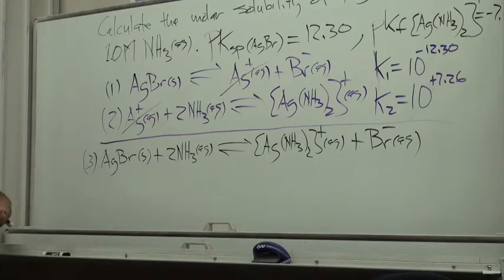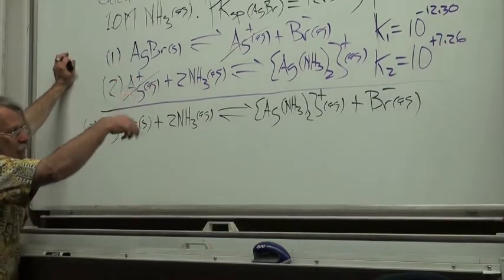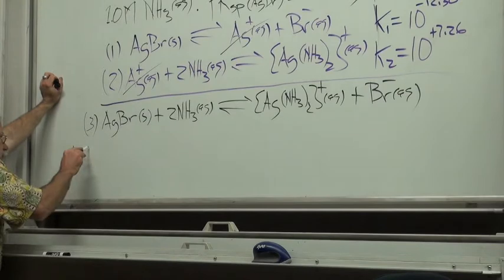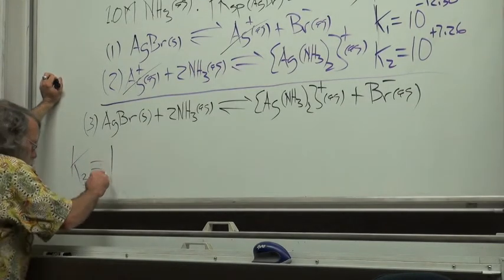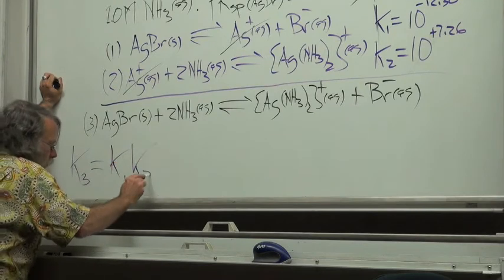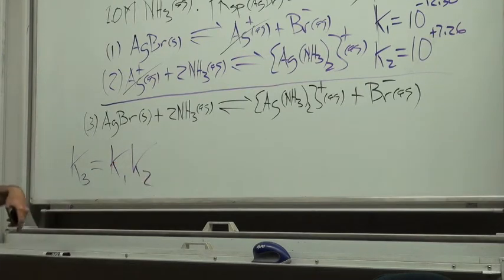But what do I know, since I'm adding these two equilibria together? K3 is going to be equal to K1 times K2. When I add the reactions, I multiply the mass action constants.